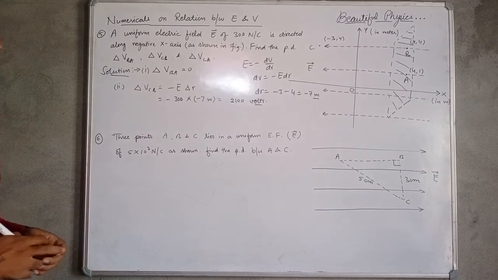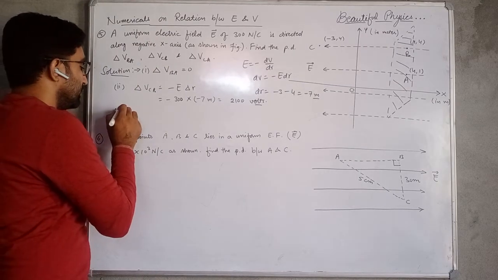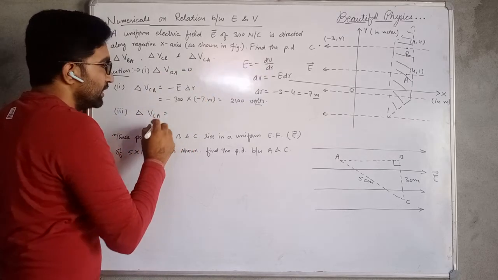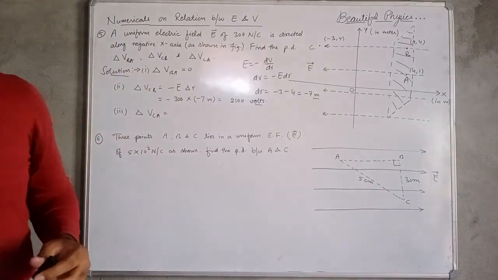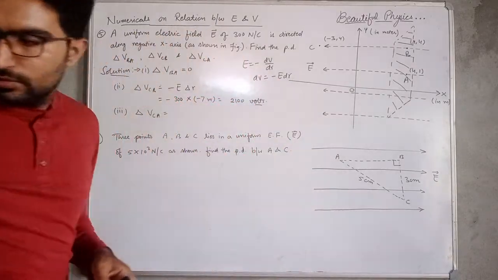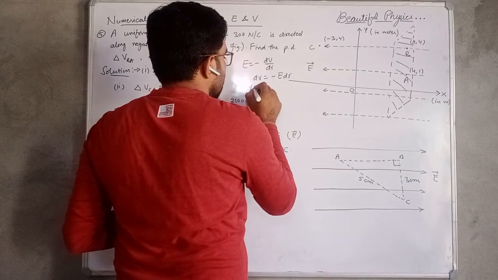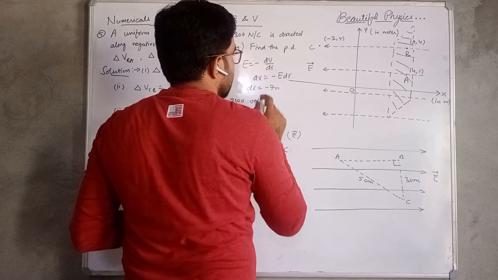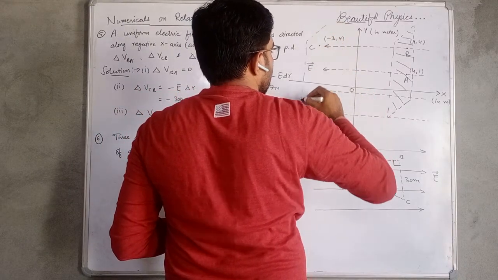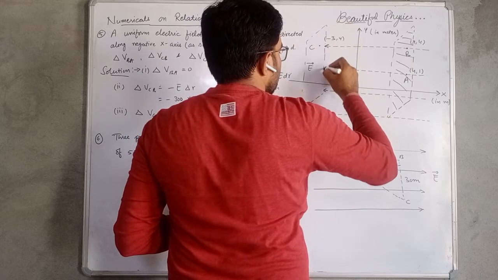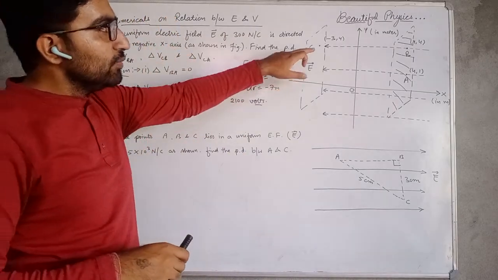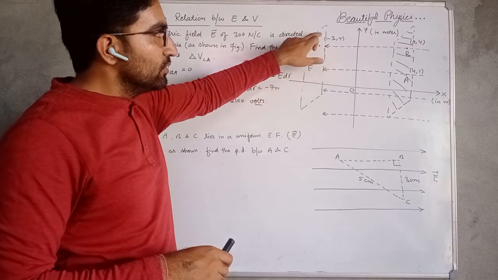Okay, now we have to find out delta VCA. Okay, if we draw an equipotential surface at point C, again we observe that the potential at point C is constant.